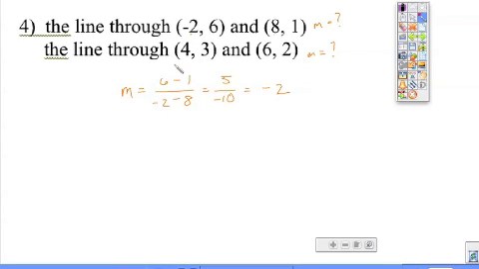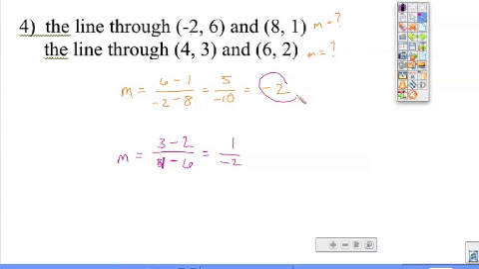The slope of the other line, I need to know that as well. So that would be the y of 3 minus the other y of 2 over the x of 4 minus the x of 6. 3 minus 2 is 1. 4 minus 6 is negative 2.